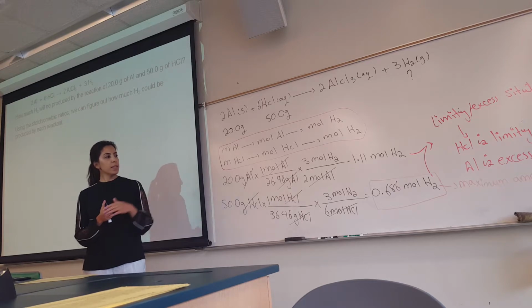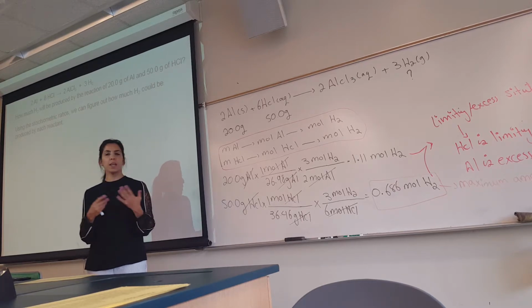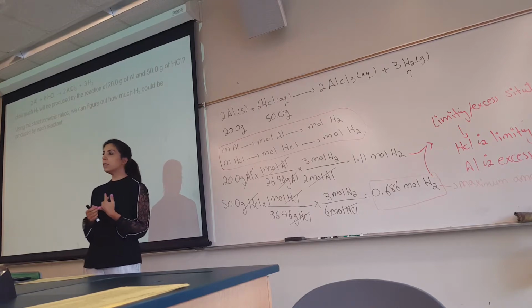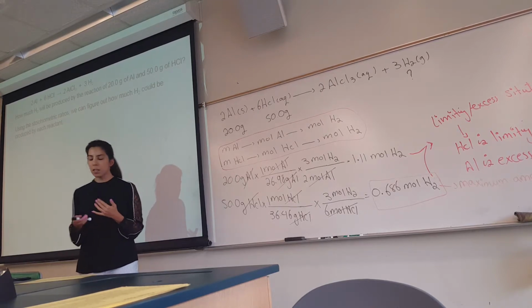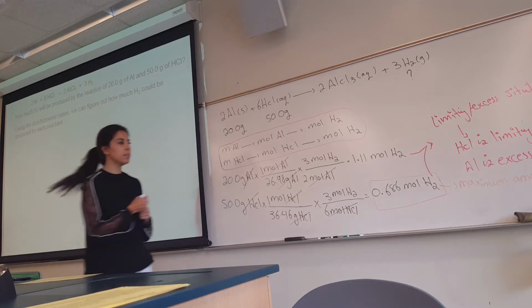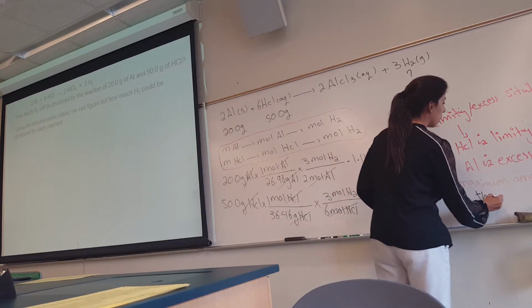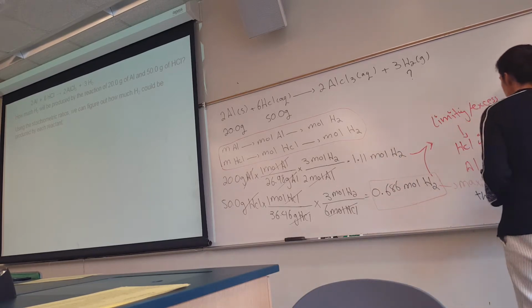So 0.686 moles of hydrogen, that's the maximum amount of hydrogen gas produced. That's the yield for your hydrogen gas. Or we also call this a theoretical yield of hydrogen gas. Why do I call this theoretical?